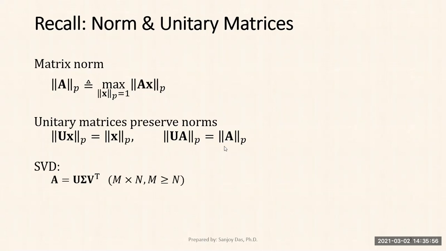Now we know that the SVD of the matrix A, where we assume that M is greater than or equal to N, is U sigma V transpose.